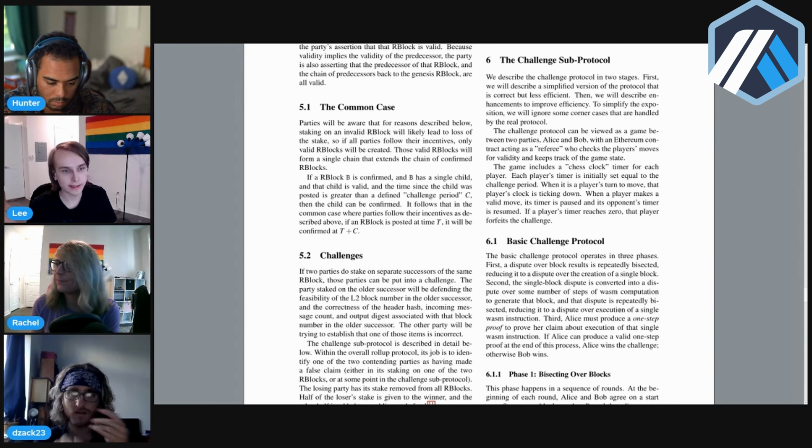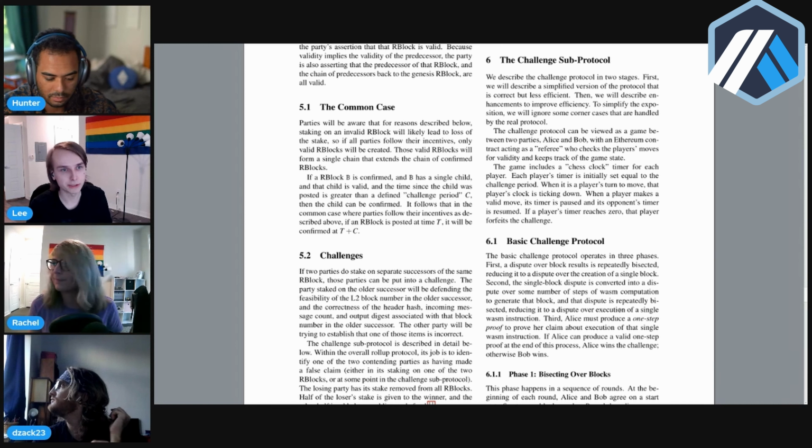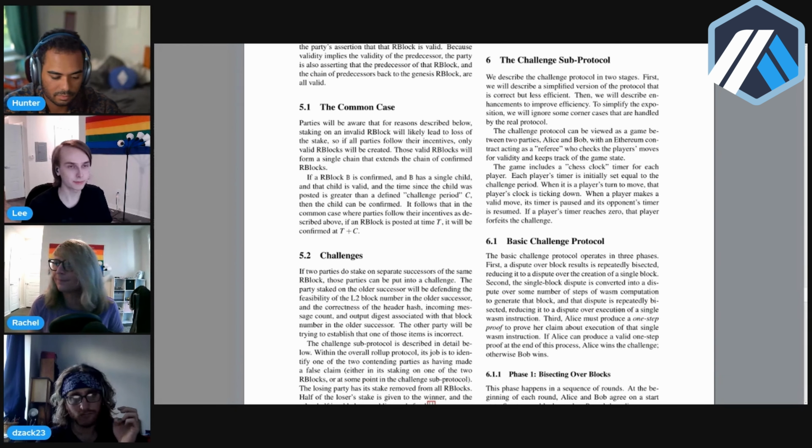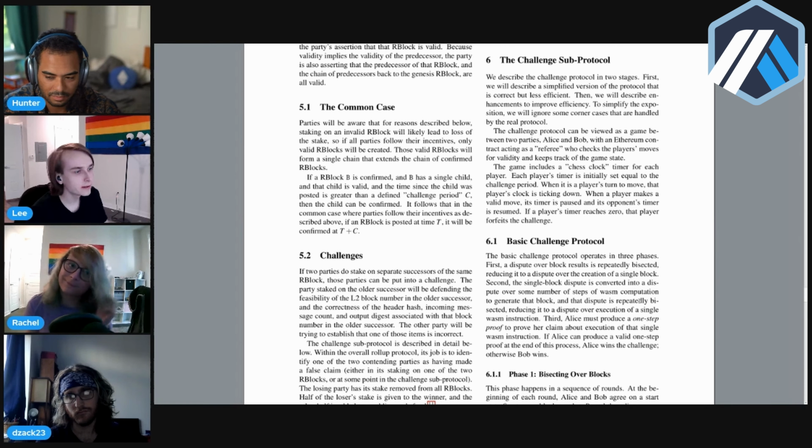Then, as Daniel mentioned, we unwrap that into a WebAssembly machine execution. You narrow down which range the WebAssembly machine instruction that you disagree on is in until you find a particular one you disagree on, and then the one-step proof executes that one instruction on chain to resolve who is correct.